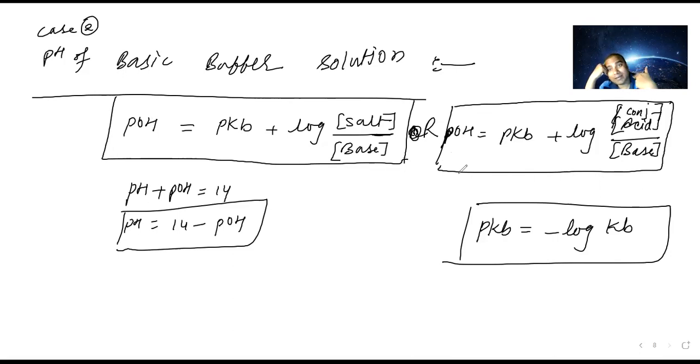But to teach other students who don't know what a conjugate acid is, how can we teach? But we know that a base has a conjugate acid and an acid has a conjugate base. So if the base is there, upside will be the conjugate acid, simple. And we know the concept pH plus pOH is 14, that you know very well. So pH is equal to 14 minus pOH. You can easily apply this one.